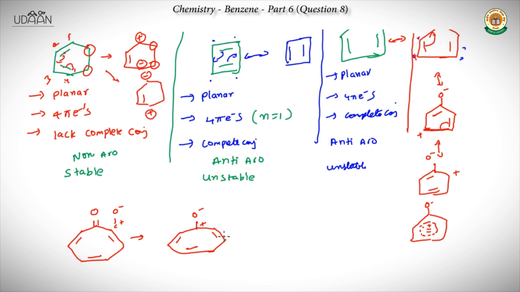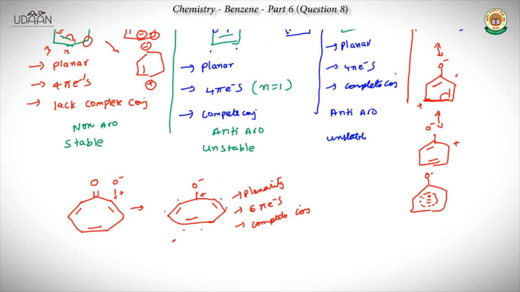As you can see, it has planarity and it contains 1, 2, 3, 4, 5, 6 pi electrons and it is completely conjugated. Try out the conjugated structures for this molecule just like this one.